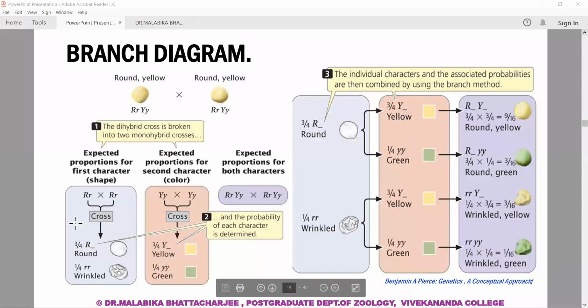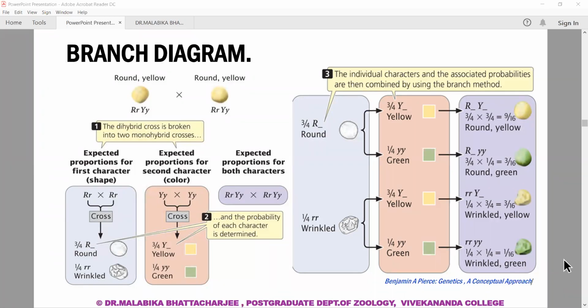And then we have this probability of wrinkled 1/4. 1/4 wrinkled multiplied with 3/4 yellow, that is 3/16 wrinkled yellow, and 1/4 wrinkled multiplied with 1/4 green, that is wrinkled green. So this is how crosses are actually done. I'll be showing you an example of a trihybrid cross, but I'll come to that later on.